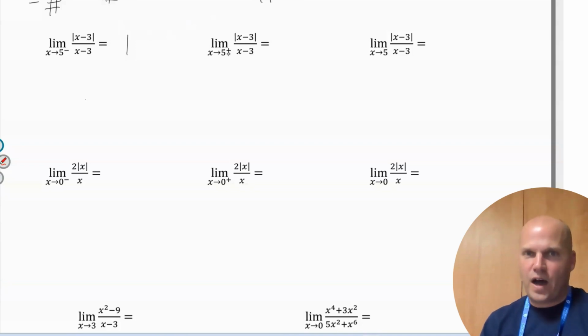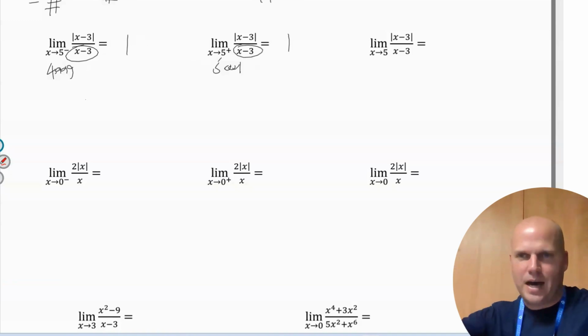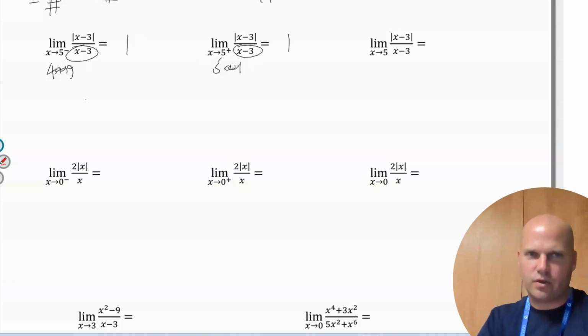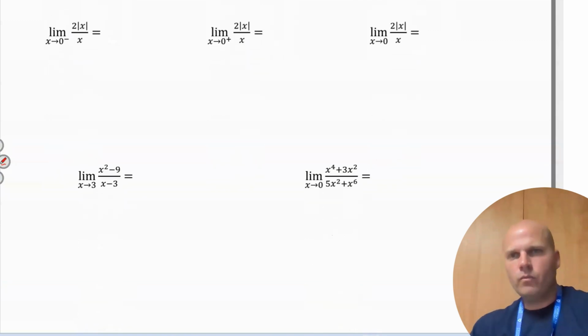Whether you plug in 4.999 or 5.001, you're still going to produce the same thing, a +2 on the bottom and a +2 on the bottom. So it'll be a positive over a positive always because we're to the right of 3. So this is 1. Hopefully you didn't get tricked.